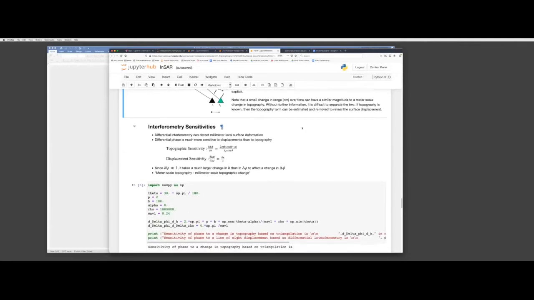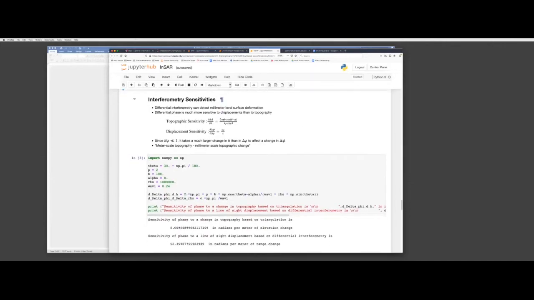Okay, so interferometric sensitivities. We usually say that differential interferometry detects millimeter level surface deformation, because you are measuring the range directly with 0 baseline. It's much more sensitive to displacements than it is to topography, and you can see that through these equations.